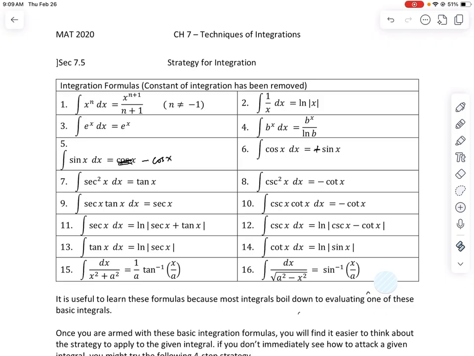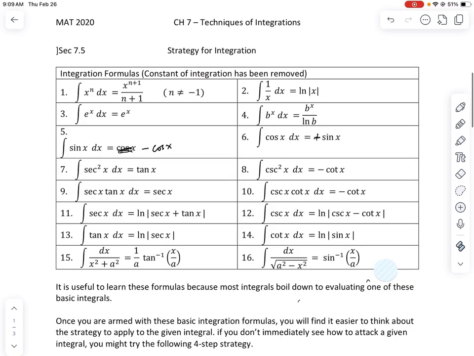It will be very useful if you learn all these formulas, because when we are solving an integral, most integrals boil down to solving one of these basic integrals. So if you know them, it will be easy for you to think about the strategy you need to adopt.